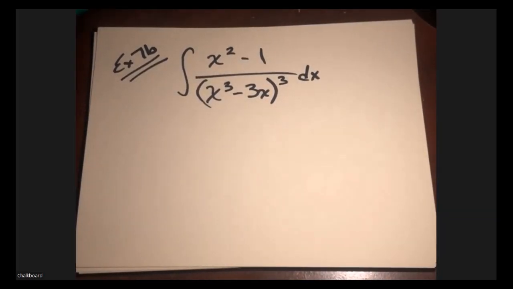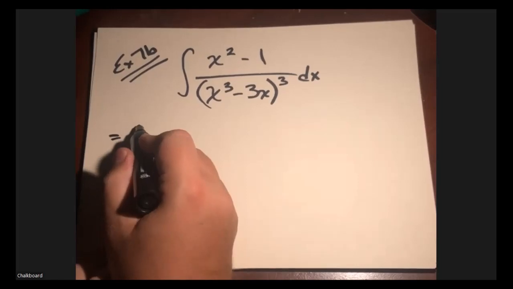All right. Man, this one's pretty ugly, isn't it? However, let's start by writing it in a way that's easier for us. I'm going to change it so that it's not over that expression cubed, but it's times that expression to the minus 3. That's the same idea. So let's write that out and see how that feels first.